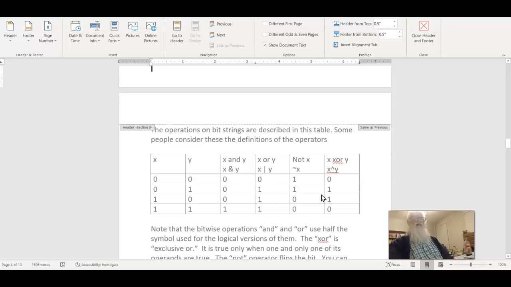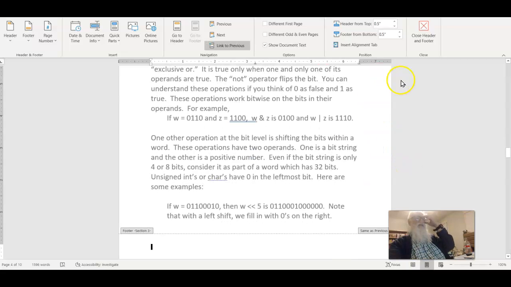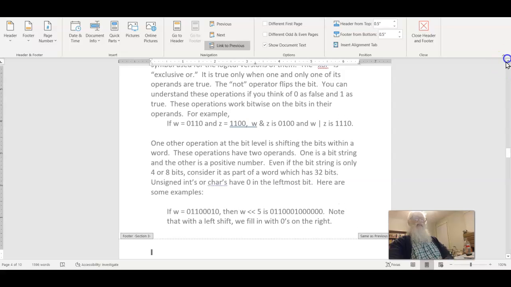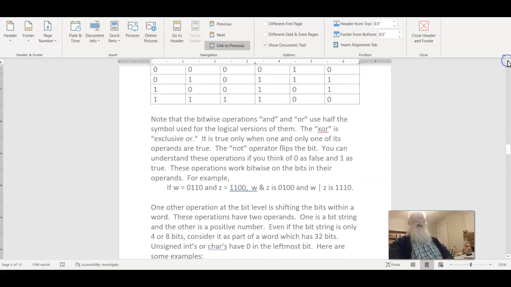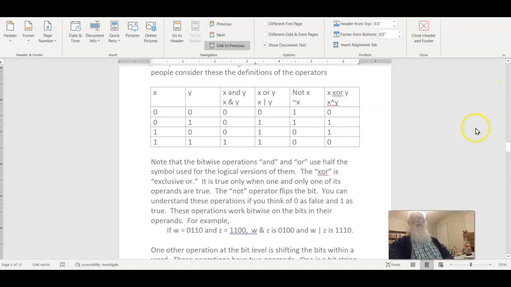We've had a lot of operations in C++, but now we're going to have a set of more of them. Actually, I think 4 or 5 of them. 4. And these operate on bits. 2 of them, or 3 of them, look very familiar.